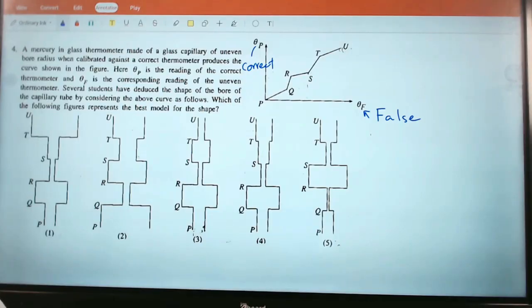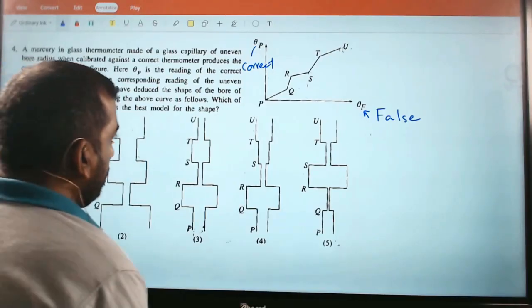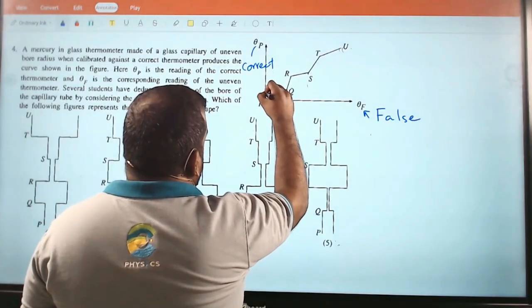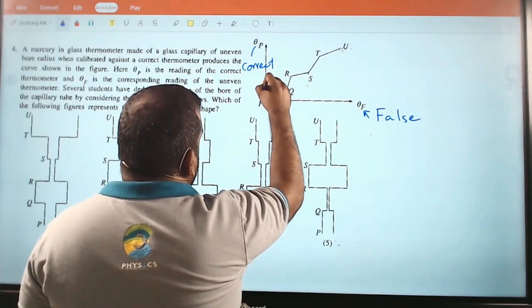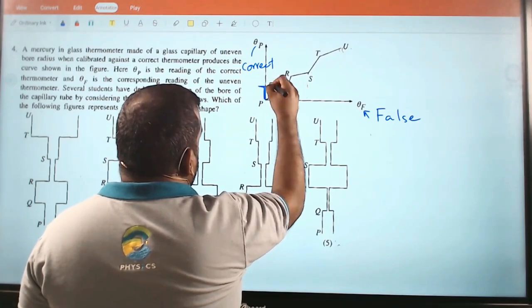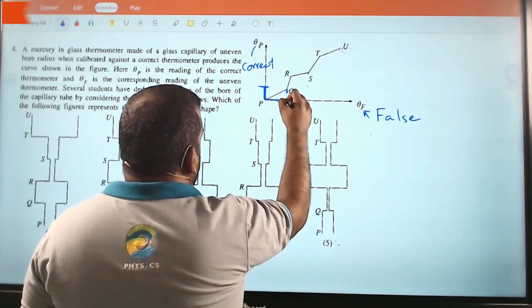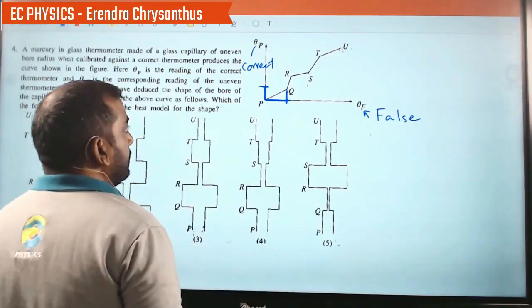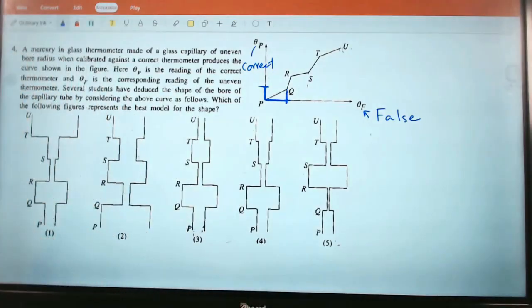Which of the following figures represents the best model for the shape? Look at this carefully. Now the correct thermometer increases there. For the false thermometer, the increase is even larger. Different cross-sectional areas.